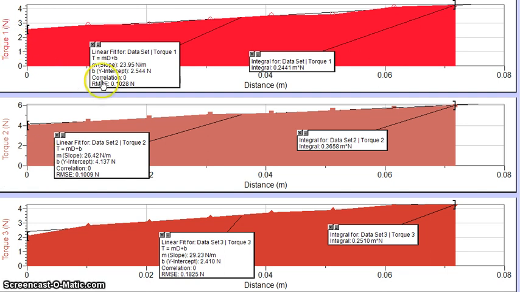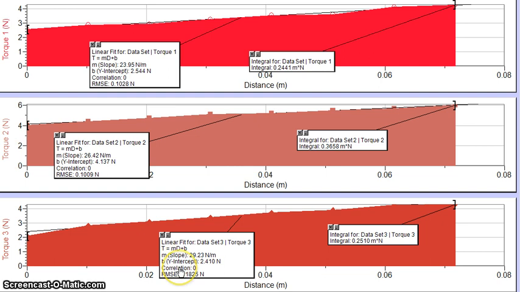So I graphed the two, and for the first mousetrap car, our slope was 23.9 newtons per meter. That means that for every meter, the mousetrap car exerts a force of 23.9 newtons. For the second car, we got 26.4 newtons per meter, which means that for every meter the mousetrap car moved, the force exerted on it by the spring was 26.4 newtons.